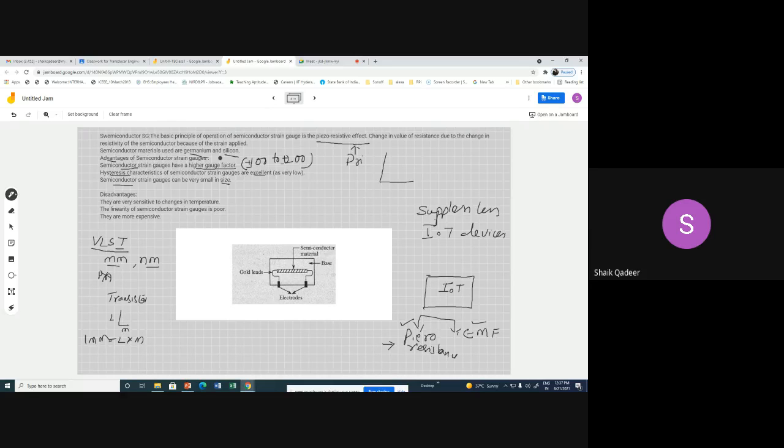With the help of transistors, we can implement big circuits. All semiconducting implementation can be brought down to the millimeter or nanometer range. That's why the size of a semiconductor can be claimed to be very small in comparison to a metallic strain gauge. Hope it is clear to everybody.